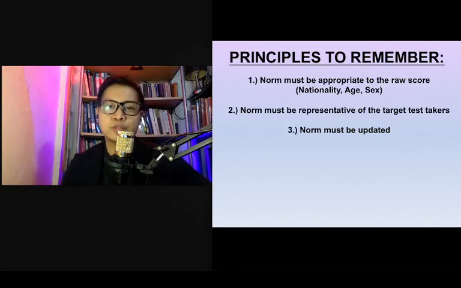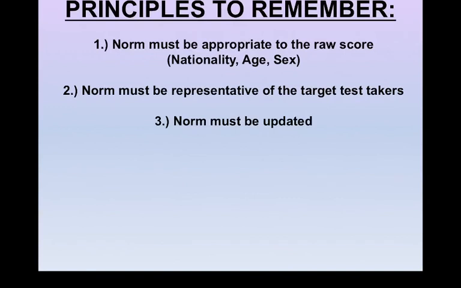Principles to remember as we end this short lecture on norm. Again, number one, norm must be appropriate to the raw score. Tugma dapat, match nationality, age, and sex. Number two, norm must be representative of the target test takers. And number three, norm must be updated. And all these things, you constantly apply for what purpose?